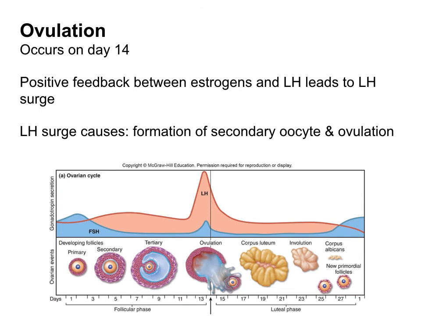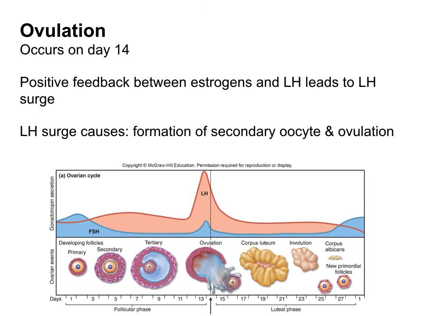This LH surge causes the completion of meiosis I and the formation of the secondary oocyte, meaning you now have a mature ovarian follicle. This LH surge then causes that mature ovarian follicle to ovulate, meaning it's going to rupture and release the secondary oocyte from the ovary.